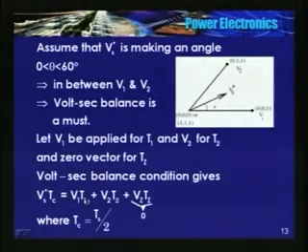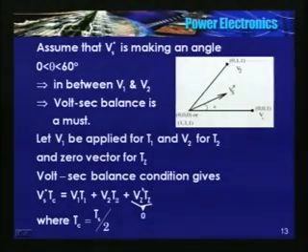V1 into T1 plus V2 into T2 plus Vz into Tz should be equal to Vs into Tc, some time Tc, which is equal to the sampling time by 2.